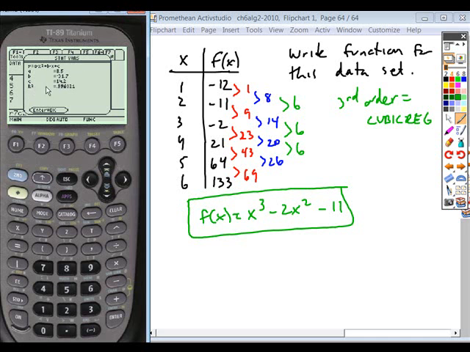So this value right here, when I did quadratic regression for this same set of data, it gives me an equation that fits this data with a 99.6% accuracy. However, when we use the cubic regression, we got a value of 1, which is 100% accuracy. Okay, so you want that to be close to 1. The closer it is to 1, the more likely it is to be accurate for that.